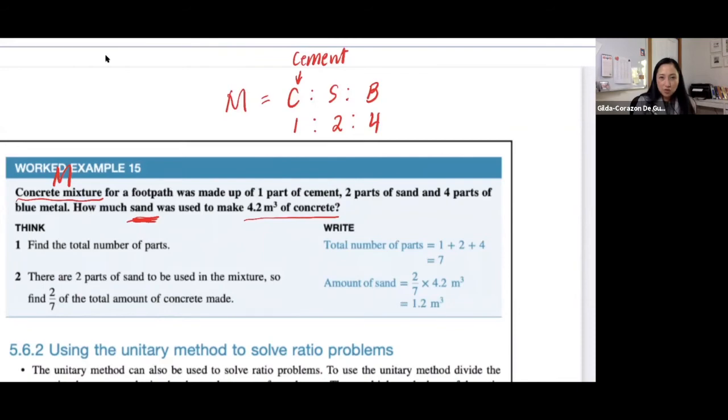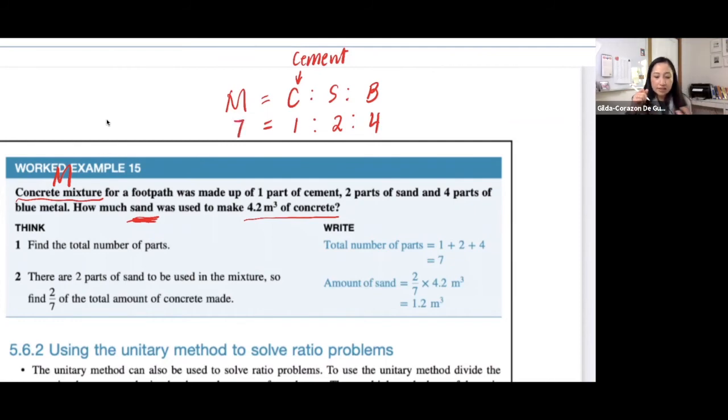So how do we find that out? Firstly, what we need to find out would be the same thing as how we did the previous question. We want to look for how many parts altogether. If we've got 1 part, 2 parts, and 4 parts, that means if we add them together, we get 7 parts altogether.